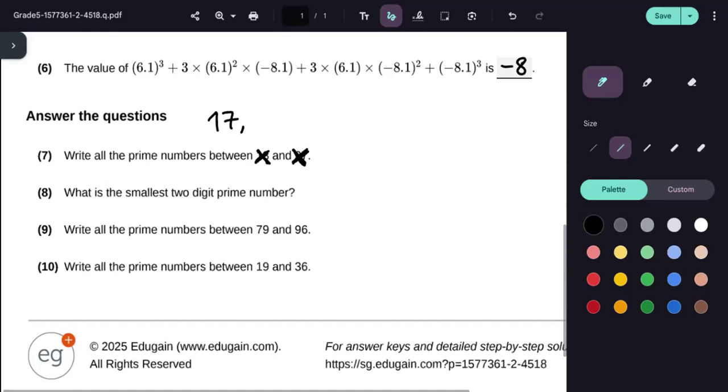We have 17, we have 19, we don't have 20, 21 don't have, 22 don't have.